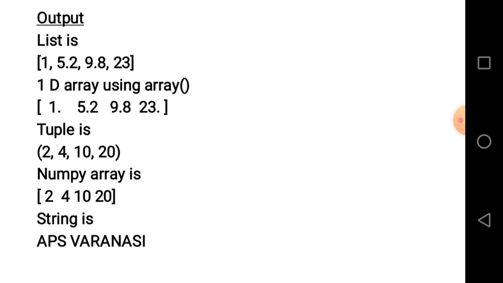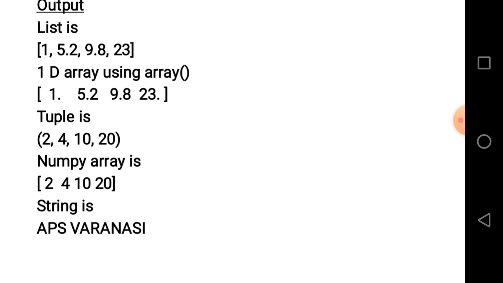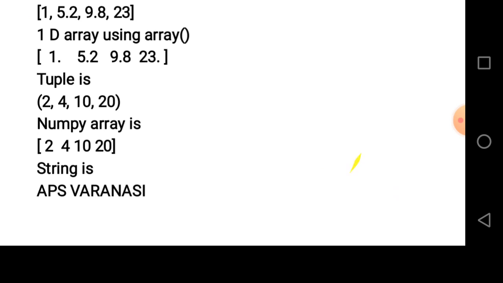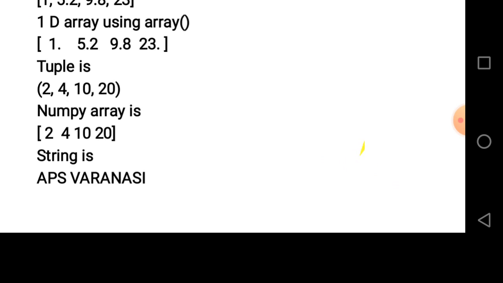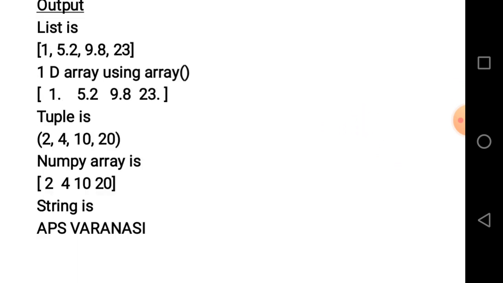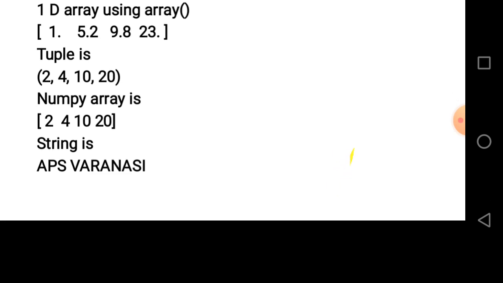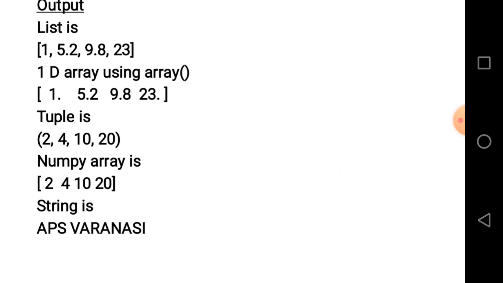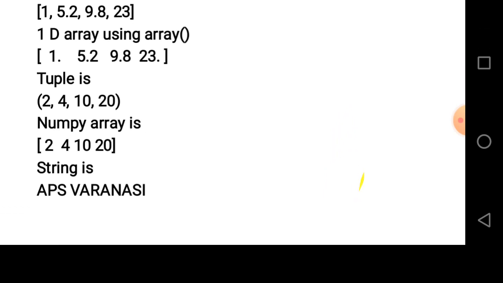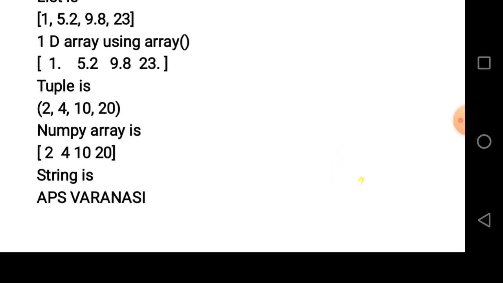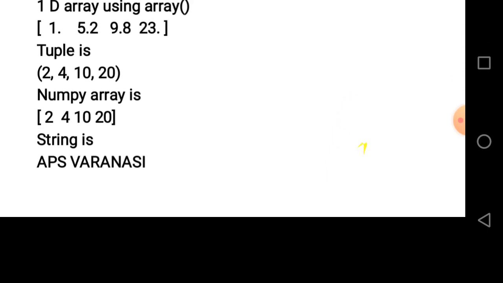And the second thing printed is a tuple. So the tuple is 2, 4, 10, 20, and when we convert it into NumPy, the values are 2 4 10 20. All data items are of the same type, so there is no conversion at all, and of course they are not separated with a comma as in a tuple or a list. And third is the string.